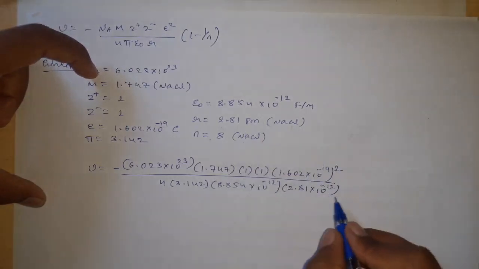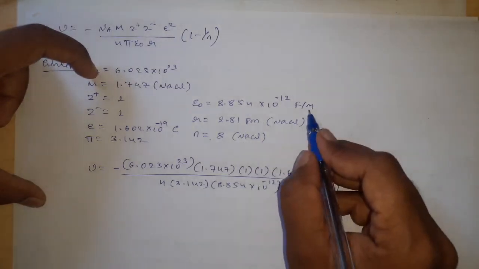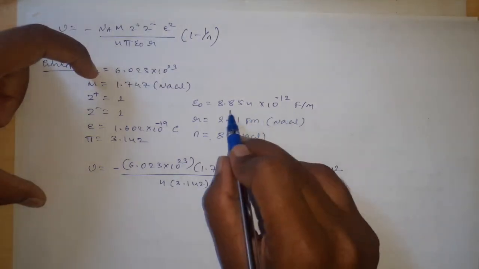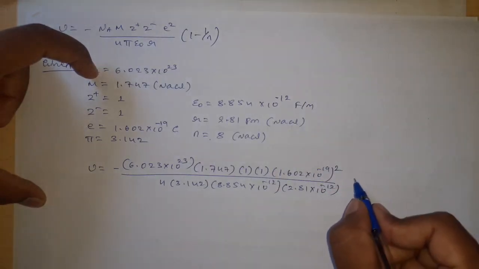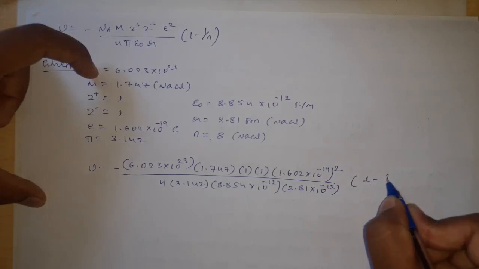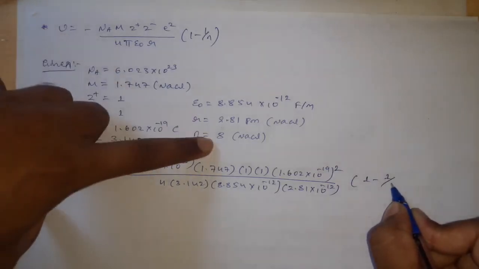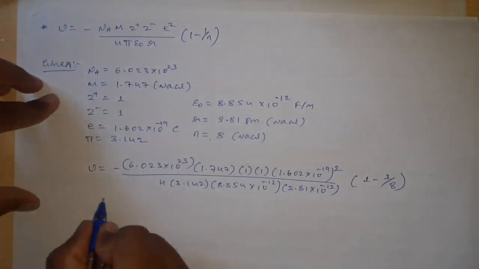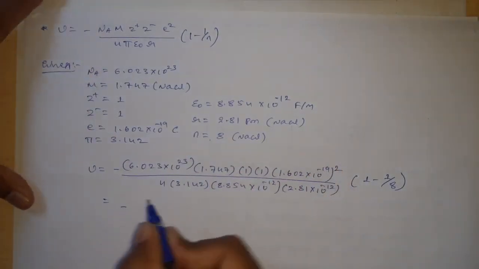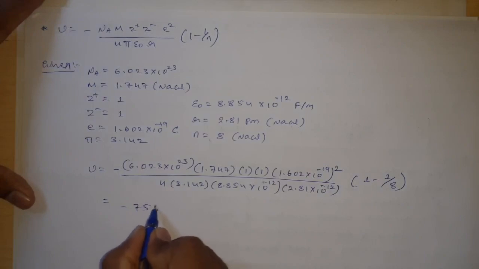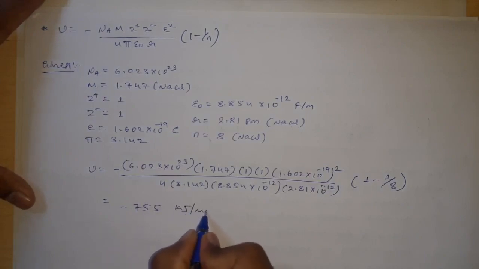This is picometer. I am converting it here into meter because one term is already in units of meter. Then into 1 minus 1 by N, and the value of N for NaCl is 8. Now you calculate this. After the calculation we get the value of minus 755 kilojoule per mole.